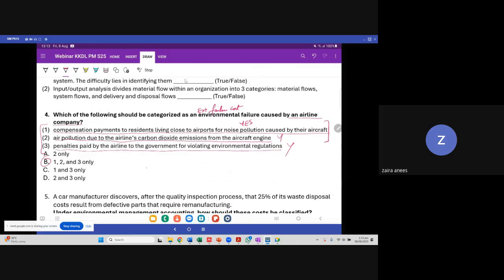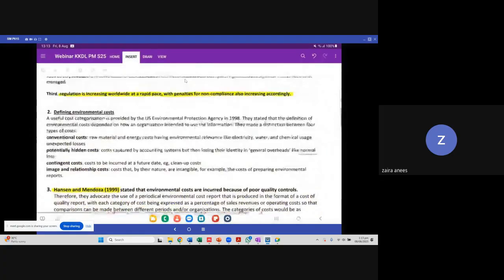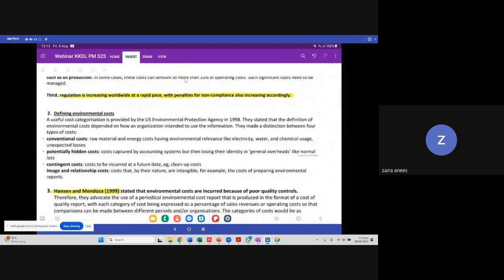Now, let's quickly move to this part. There are four costs which the examiner has identified as environmental costs. The first one is conventional cost. Conventional cost is the typical cost of raw material, material cost, energy cost. You are spending on water, chemicals, like typical resource cost, right?